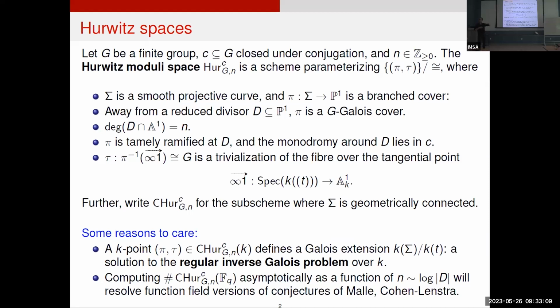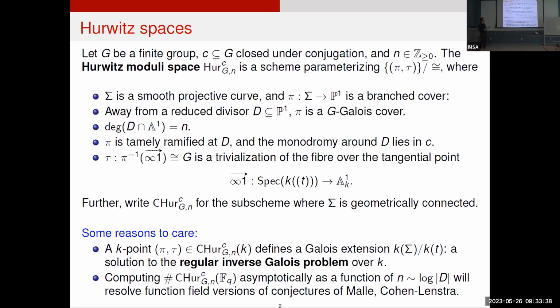There's a point at infinity and an infinitesimal tangent vector pointing out from there. And I want to trivialize, so we're going to ask for the fiber to be trivialized over that tangential point. So it's not ramified at infinity. It's not ramified on an infinitesimal neighborhood of infinity. It can be ramified at infinity itself.